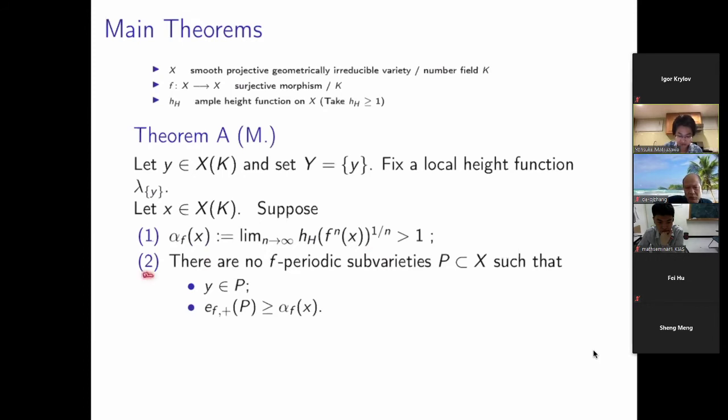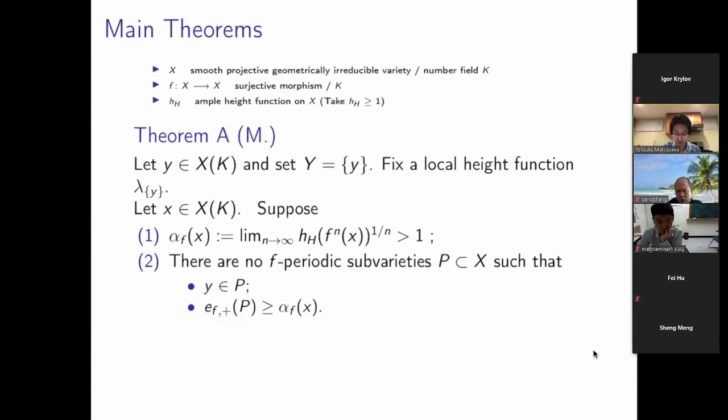The second assumption is a slightly complicated assumption. This corresponds to the ramification condition on F. So assume that there are no F periodic subvarieties P in X such that the point Y to which we attach a local height function is contained in P, and another condition. I will be explaining what E of P is in the next slide.